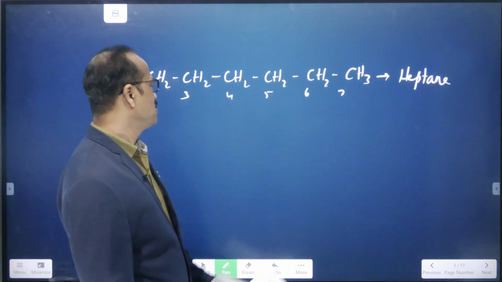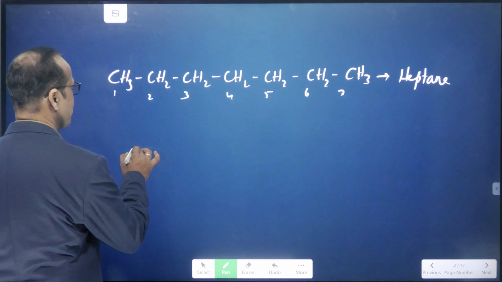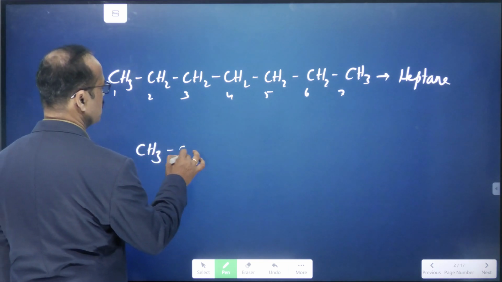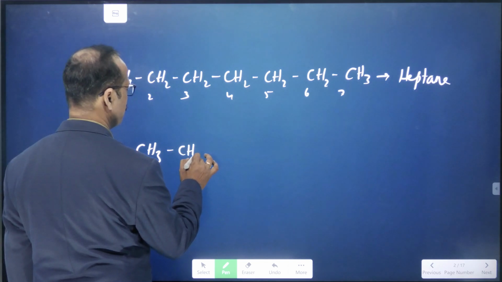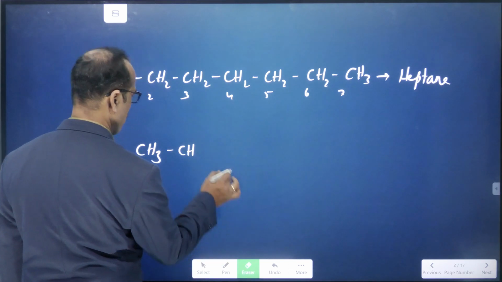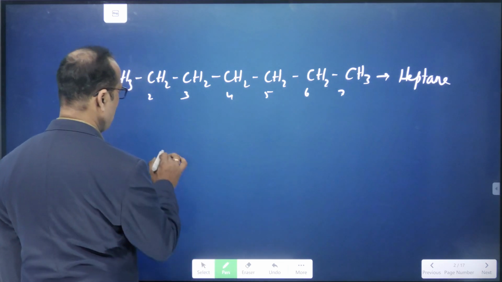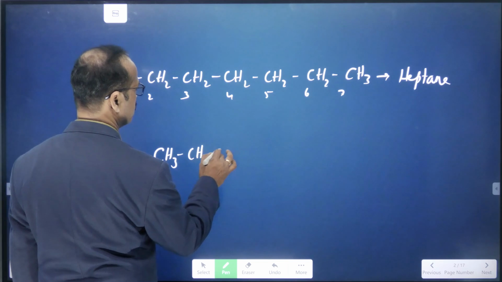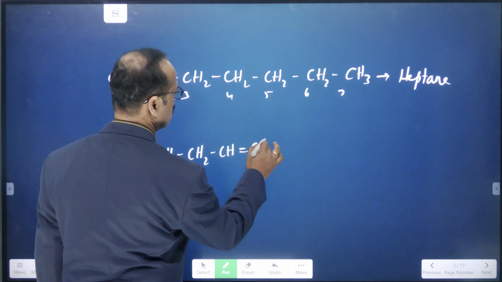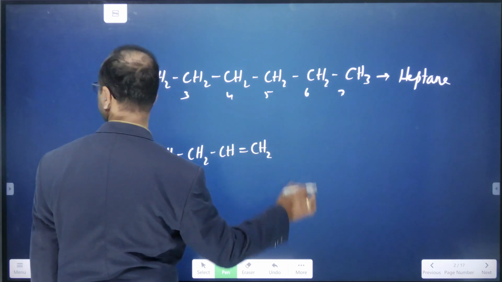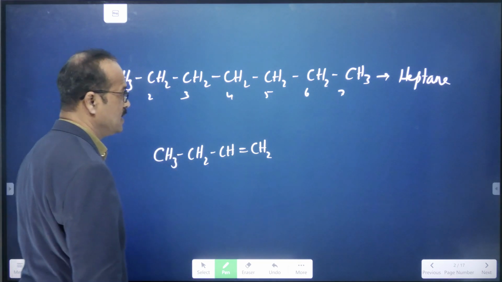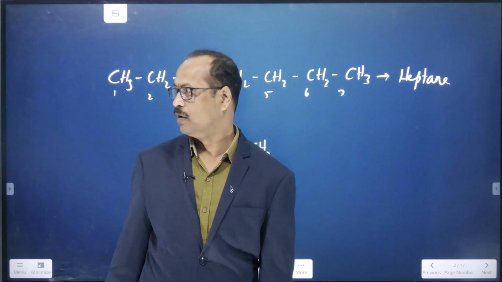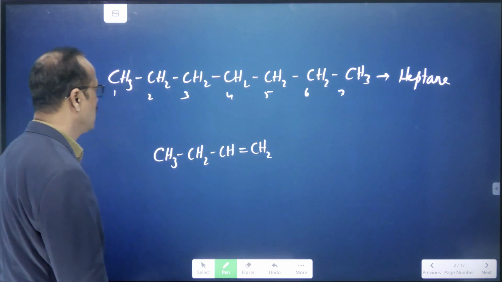And in alkenes also a similar type. For example, CH3, CH2, CH double bond CH2. This is one compound, and I would like to give the name to it.